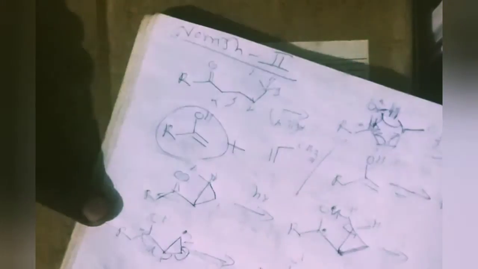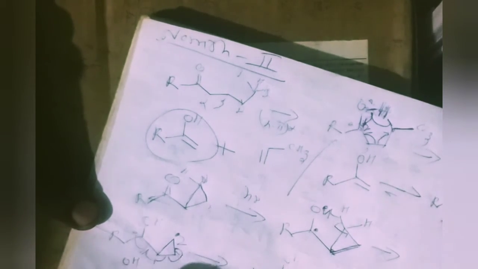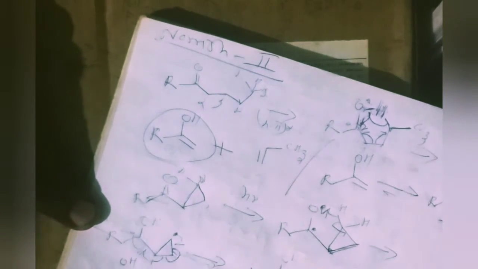So we get R, then OH double bond. Here is one free radical and here one free radical. This electron comes to here, this electron comes to here, and the two free radicals combine to give R, OH, double bond, then double bond. This is an enol as a product.